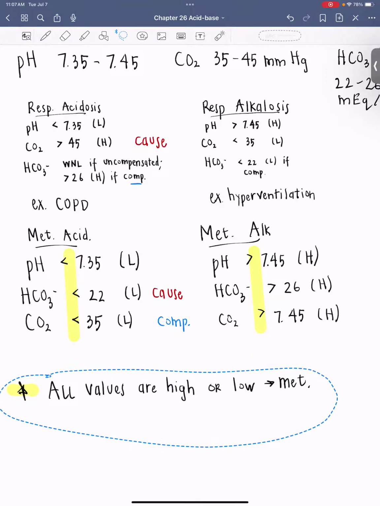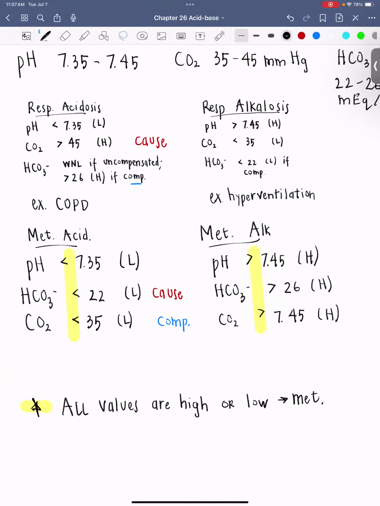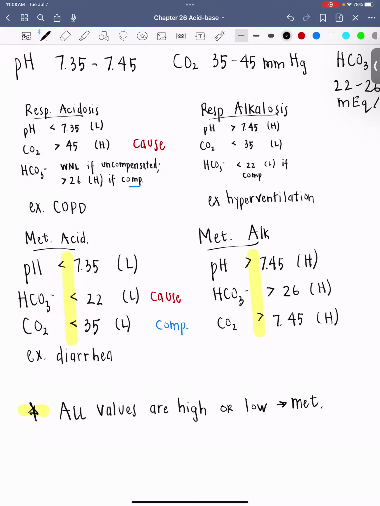Examples of conditions that would lead to metabolic acidosis is diarrhea. Prolonged diarrhea over a period of, let's say, 3 days, gets rid of bicarbonate. So that would lead to metabolic acidosis.